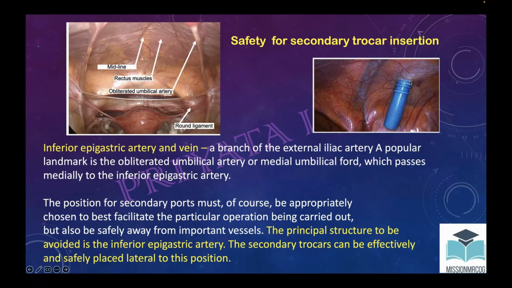So you have to say this. For the superficial vessels, we can do the trans-illumination test, and to avoid injury to the inferior epigastric artery, we have to use the anatomical landmark, and the trocar has to be lateral to the inferior epigastric artery.